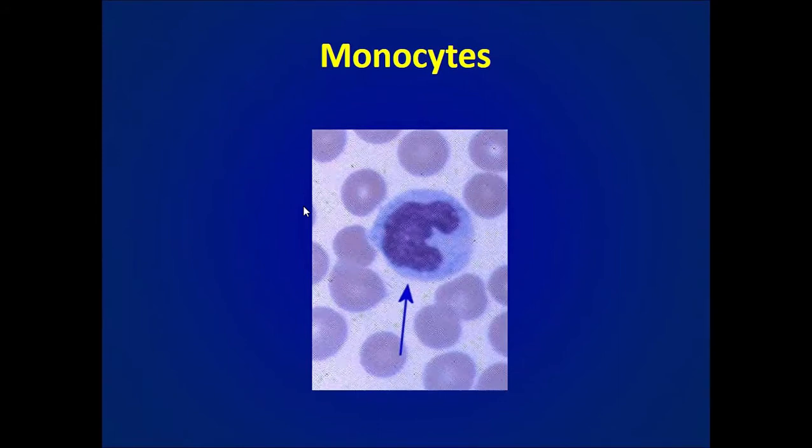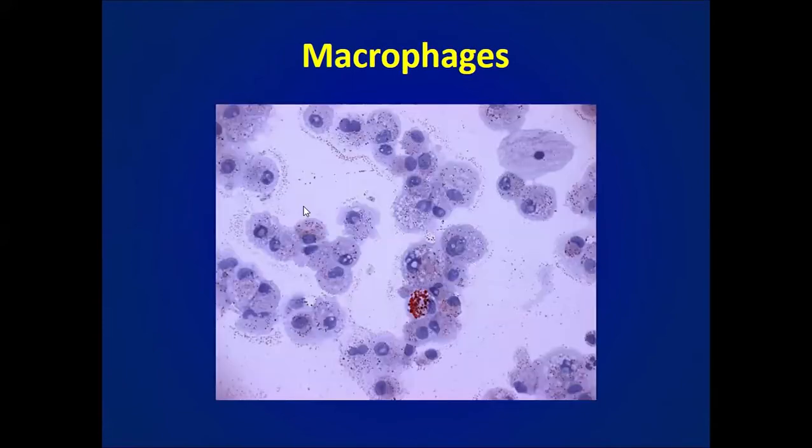So that is the characteristic of the monocyte. It is made up only of one nucleus. Okay. Then these are already the population of monocytes that differentiate to become now macrophages. They have now the phagocytic activity, the associated phagocytic activity.